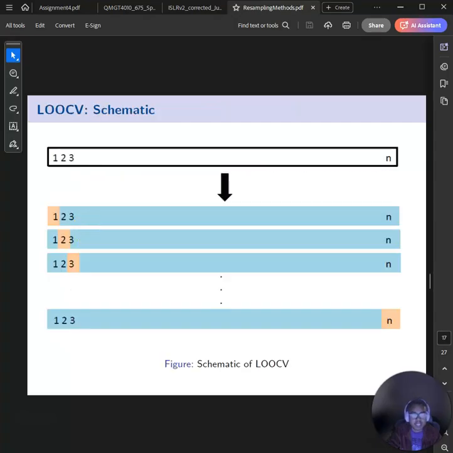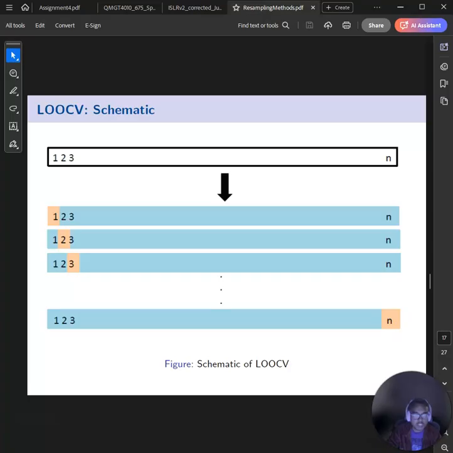Here's a schematic that helps us visualize how LOOCV works. At the top, we have our original dataset with n observations labeled 1 through n. The LOOCV process then creates n different training-testing splits.